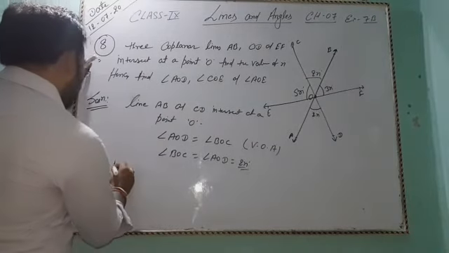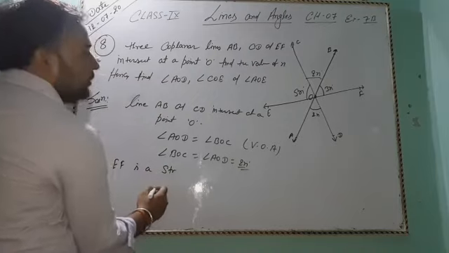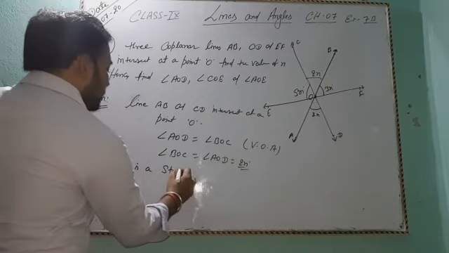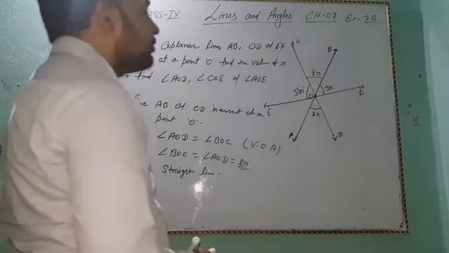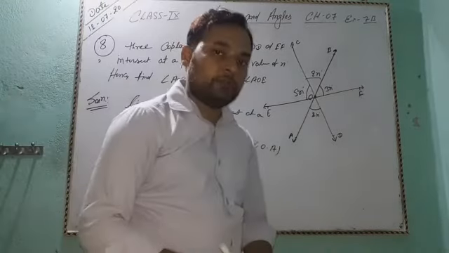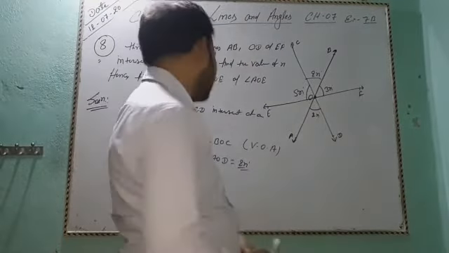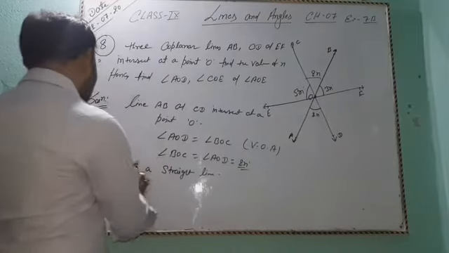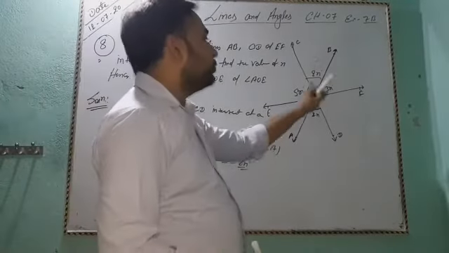And students, EF is a straight line, and we know that the sum of all angles on the same side of the line EOF at the given point O is 180 degrees.